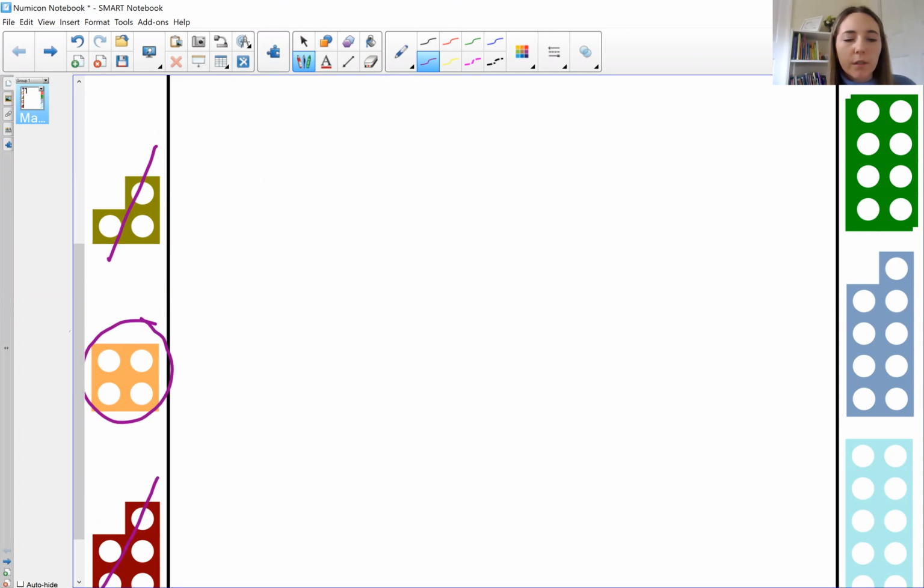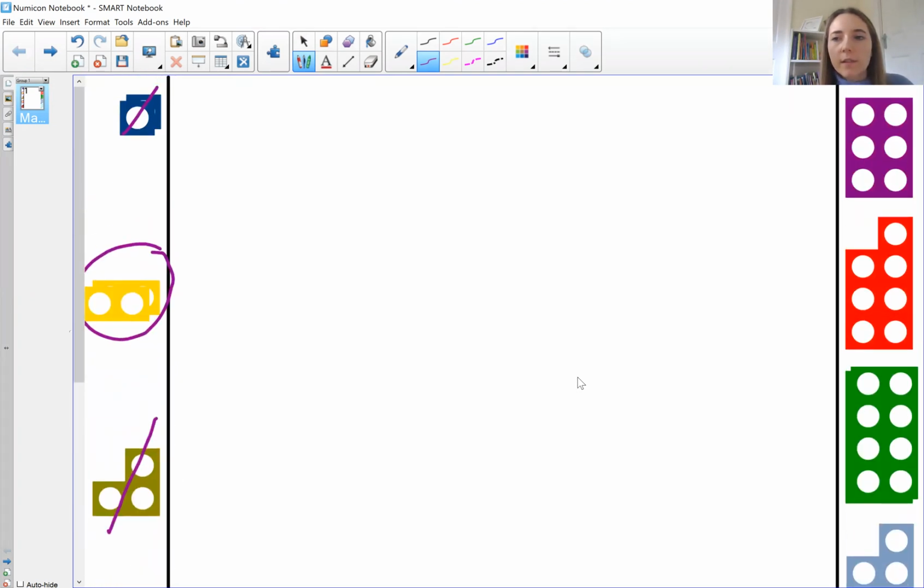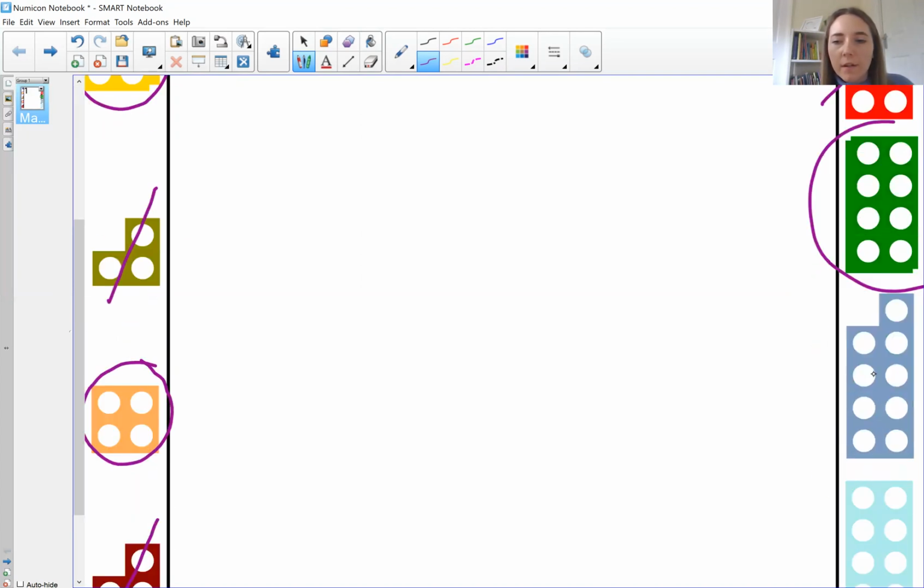5 is odd, so I can't use that. 6 is even, so I can use that. 7 is odd, 8 is even, 9 is odd, and 10 is even.